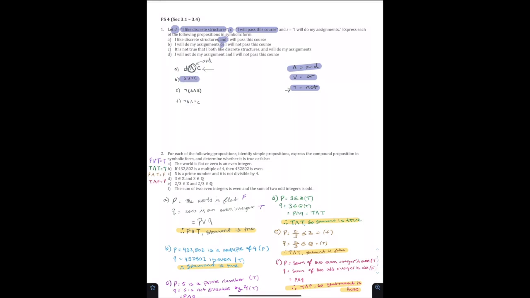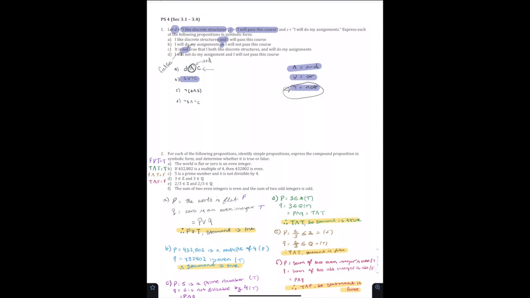And then for C, it says, it is not true that I both like discrete structures and will do my assignments. This is kind of tricky; I got confused in the beginning too. We have to focus on this not right here. This not is already saying that the whole statement following it is false. And what did we say would make the statement not true? Negation. So we have to put a negation before we write out the statement.